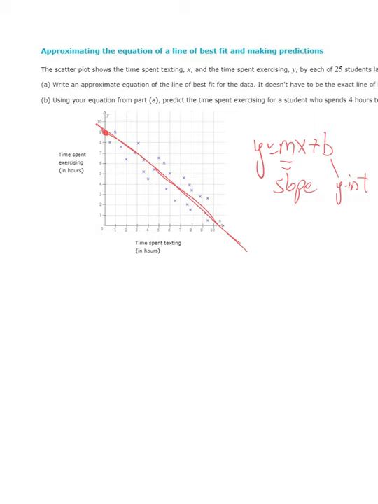My y-intercept is 9. So right away, I know I got a 9 there, and then I just got to find my slope. So let's say this point right here, I go from this point to this point, I'd go up 1, 2, 3, 4, and back 1, 2, 3, 4, 5. So I'm going back 5.